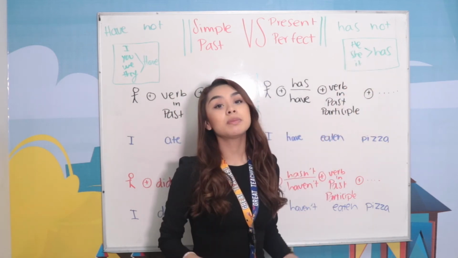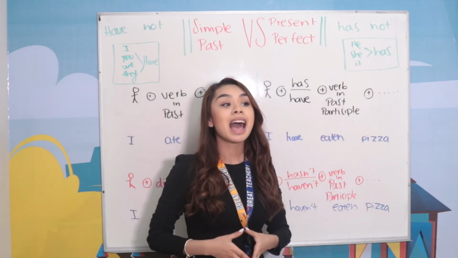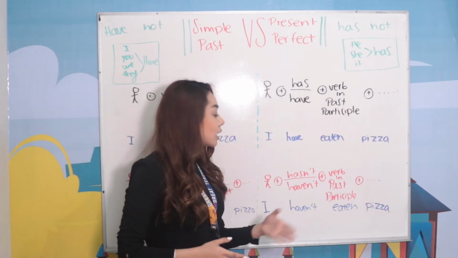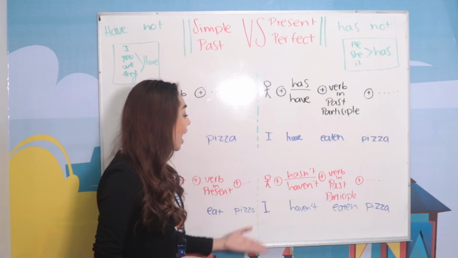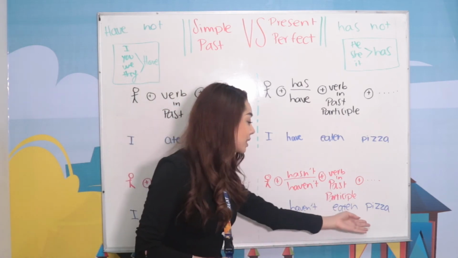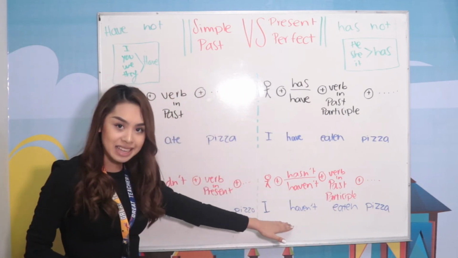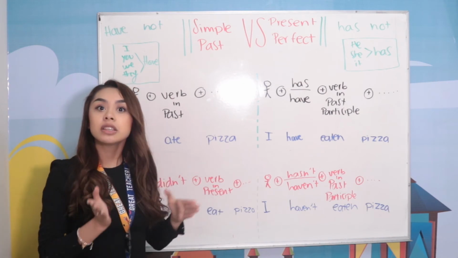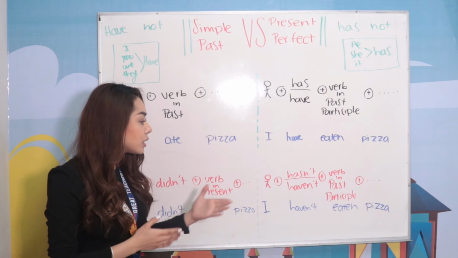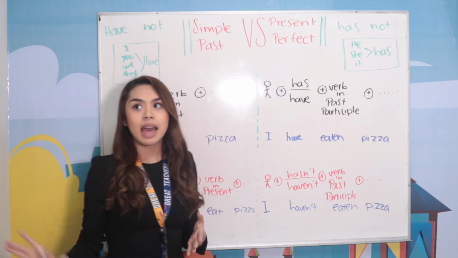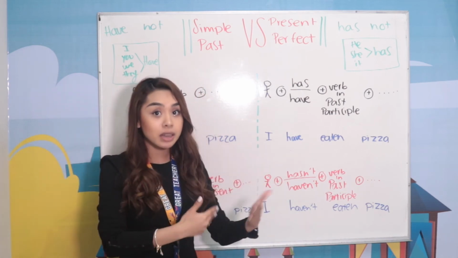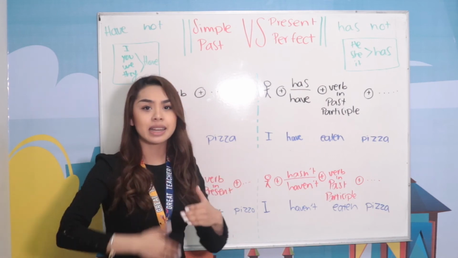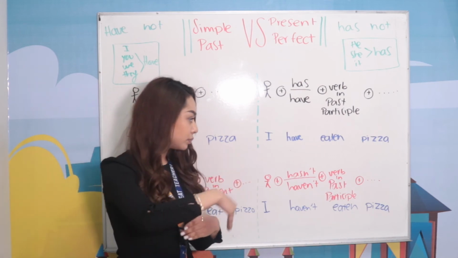But if we are going to make a contraction, it will be hasn't. So that's why here we're using the contraction haven't. So I haven't eaten pizza. This is a sentence that was made in the past, but it continues being in the present. Why? Because, okay, I ate pizza in the past, but I can do it again and again and again in the present. So it's a sentence that is still going on.